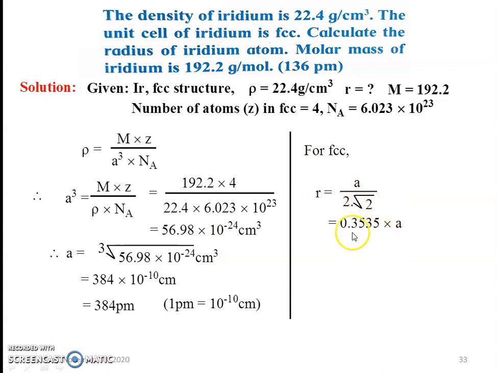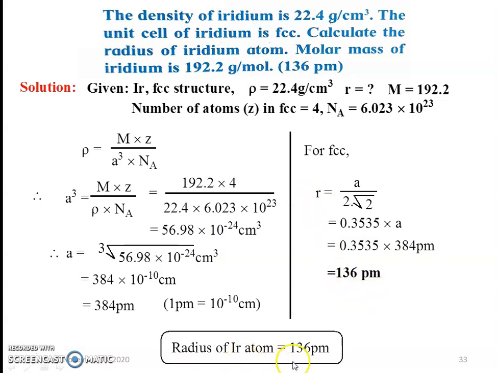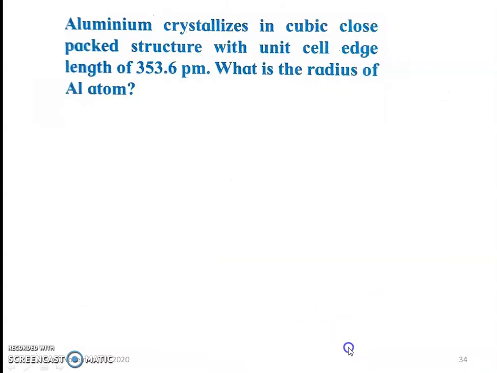So r is equal to 0.3535 into a. Substituting the value of a, 384 picometer, when we solve this, it comes 136 picometer. So the radius of iridium atom is 136 picometer.